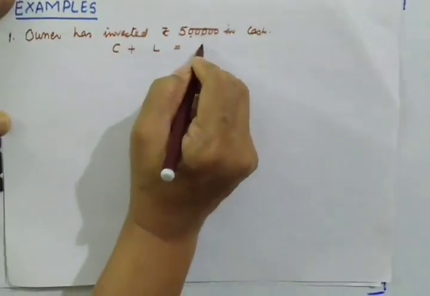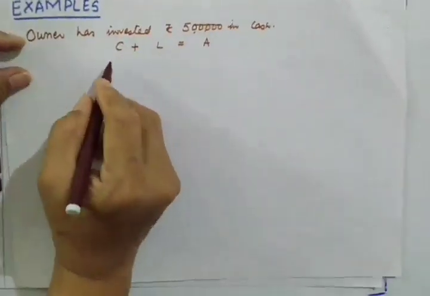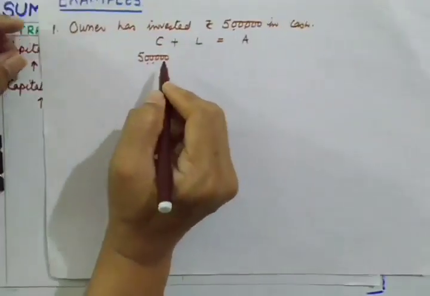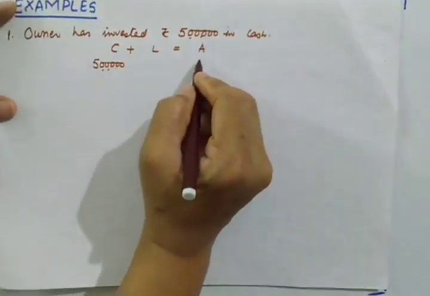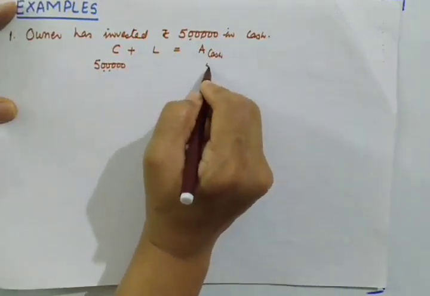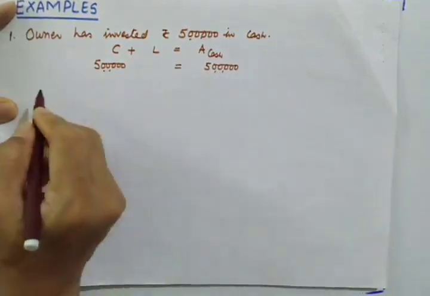C plus L is equal to A. As per this, your capital will increase, so you will write 5 lakhs here, and on the other hand this will increase your cash by 5 lakhs. See the impact, the equation is balanced.